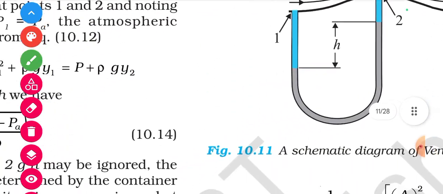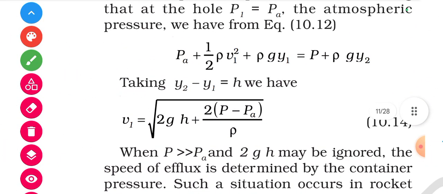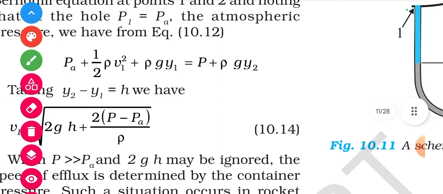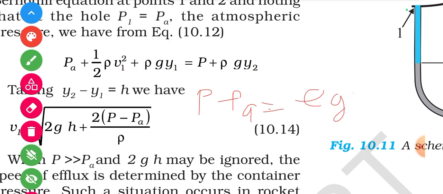So we will obtain p minus pa is equal to rho g, y2 minus y1 is h, plus half rho v1 squared.